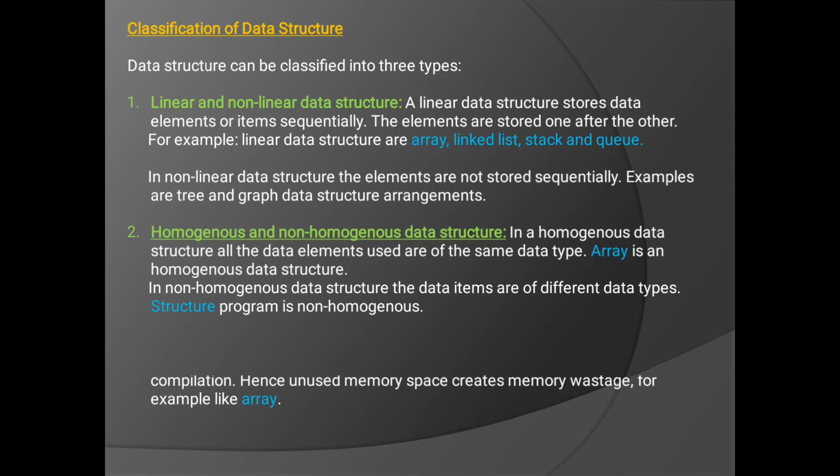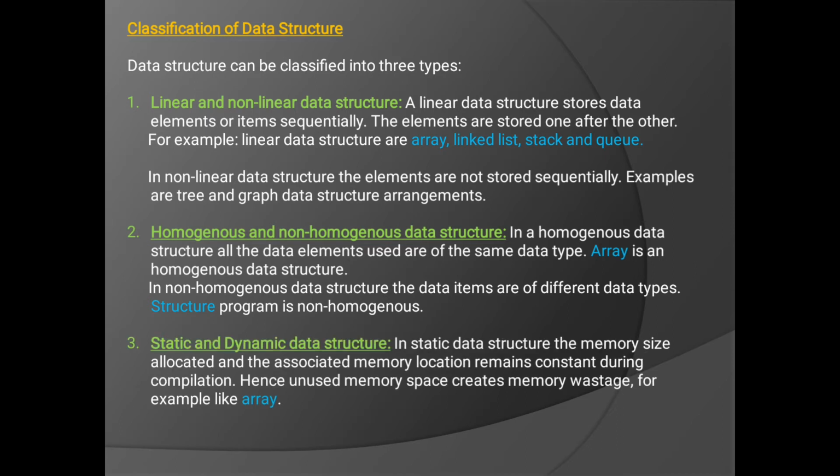Now static and dynamic data structure. In a static data structure, the memory size allocated and the associated memory location remain constant during the compilation time. So the memory size that is allocated in the case of an array may not all be used.